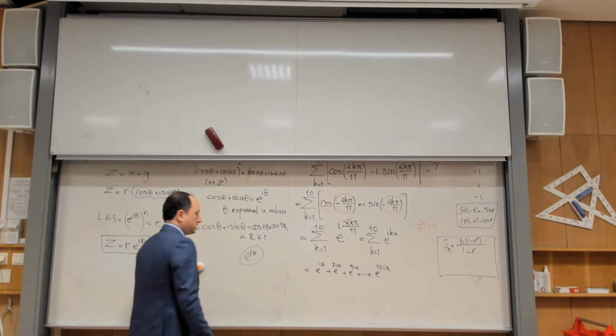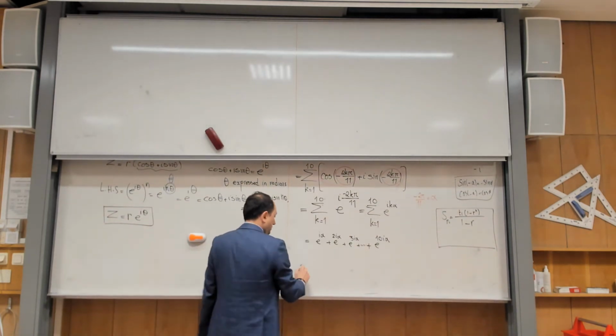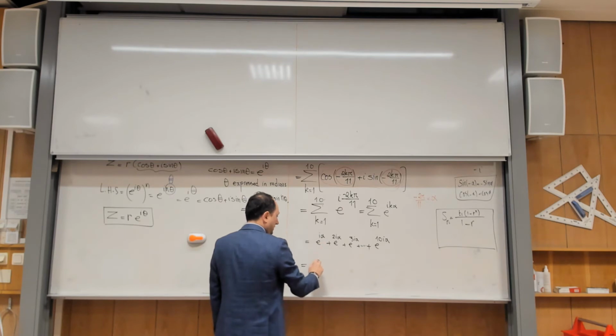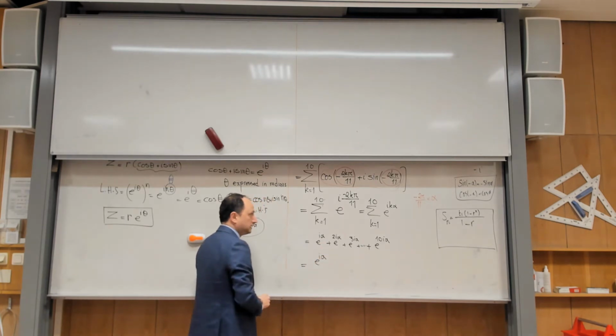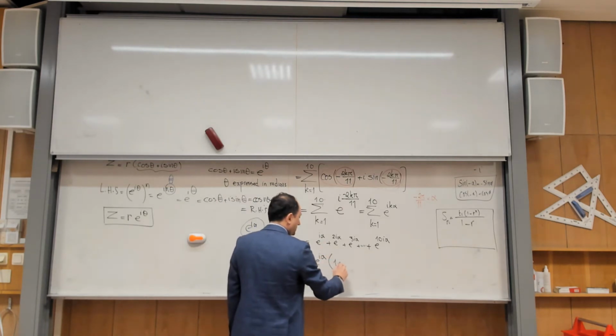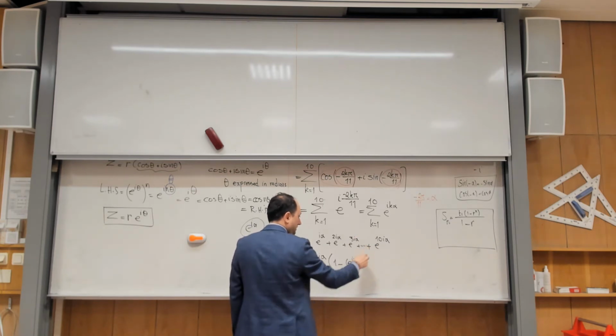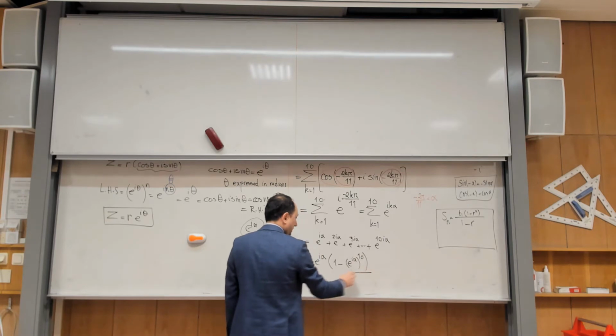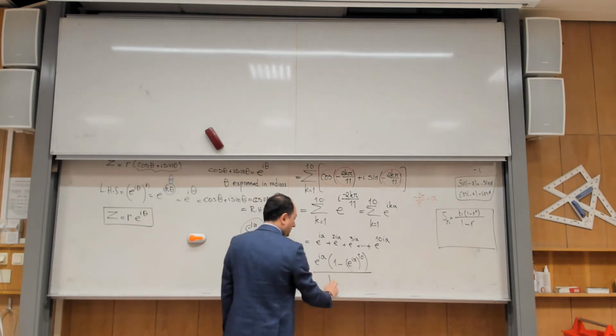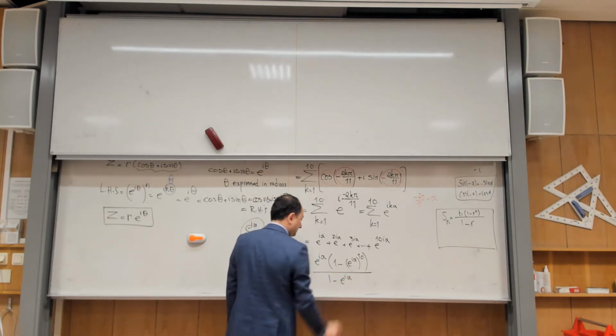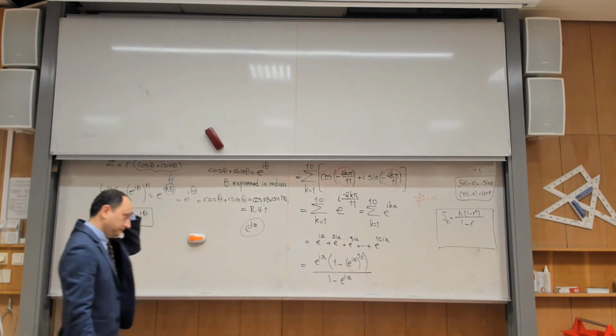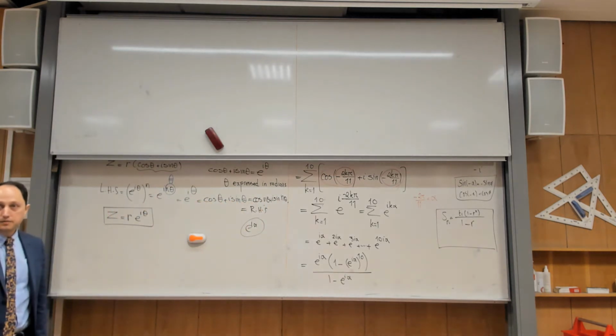Okay, so I will use that formula. This becomes e to the power of I alpha, the first term, times 1 minus r to the power n, but here I have 10 terms, and then divided by 1 minus e to the power of I alpha.